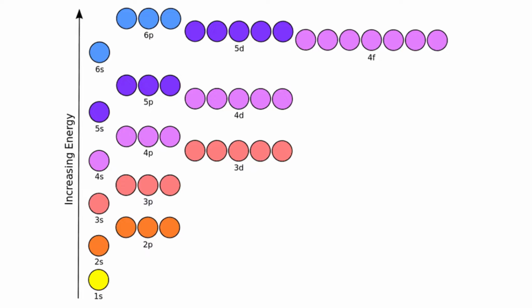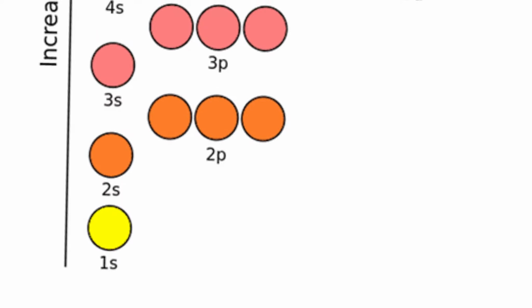All right, so let's start off writing the orbital diagram for the atom of carbon. Carbon has 6 protons. Let's assume this is neutral, and so it also has 6 electrons. So let's go ahead and fill this up accordingly. We have 1, 2, 3, 4, 5, 6.